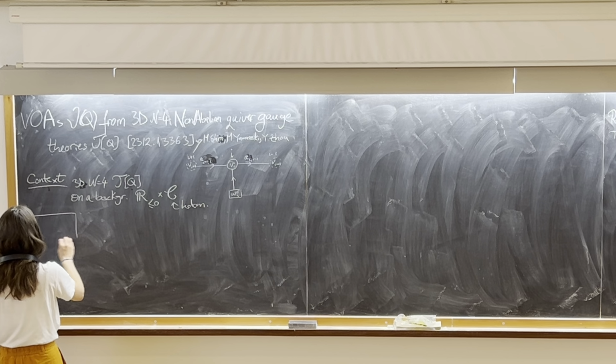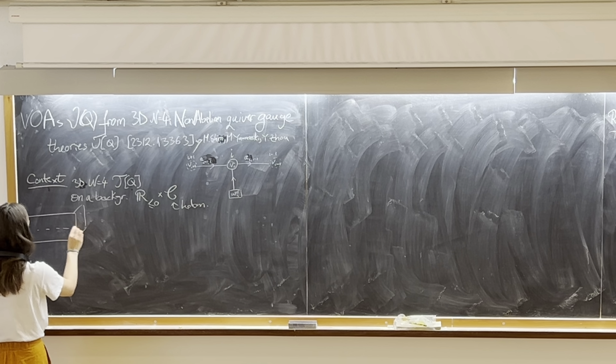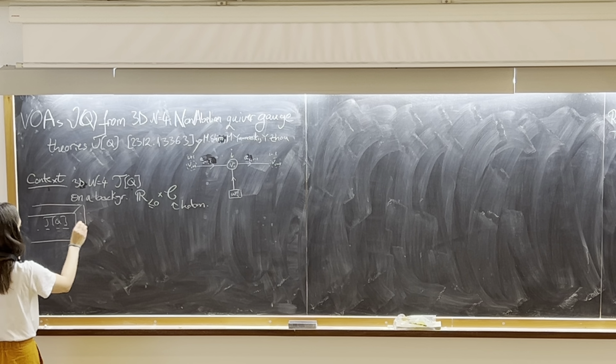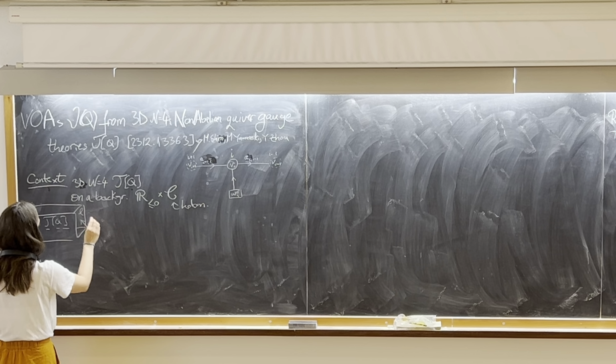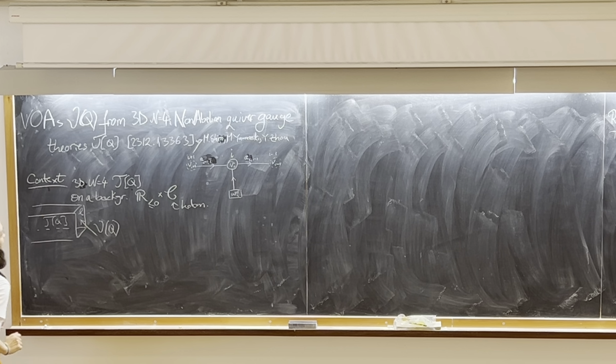It can be thought of as this three-dimensional space where in the bulk there's the theory T of Q, and then on the boundary, on C, lives the VOA V of Q.